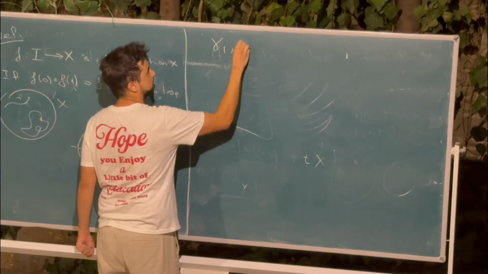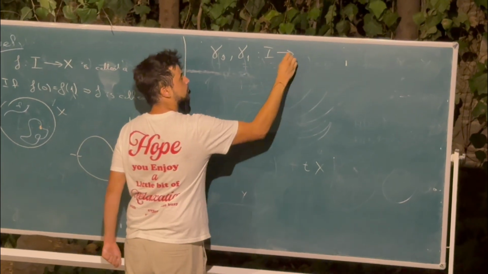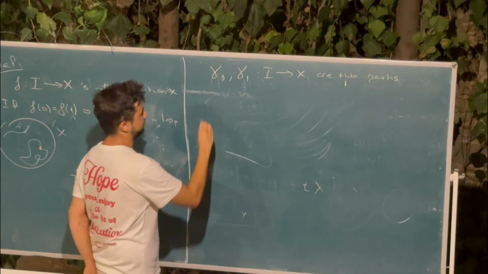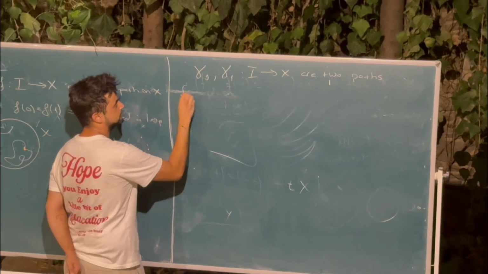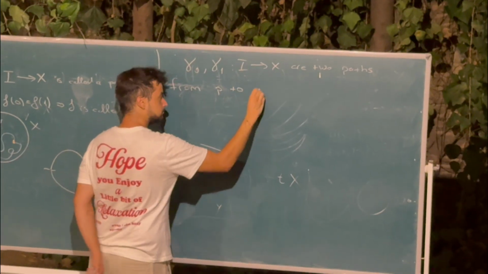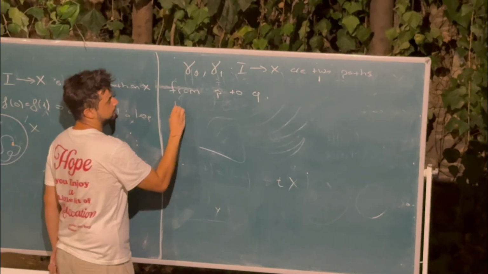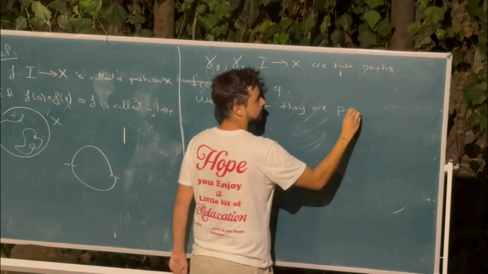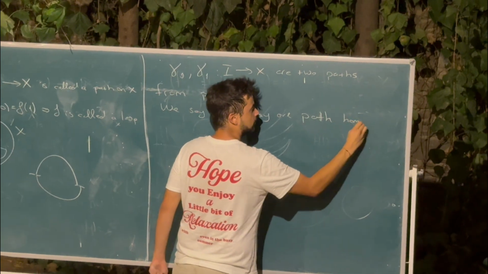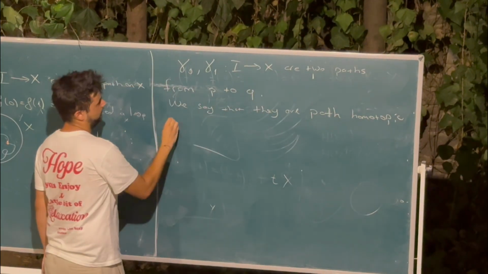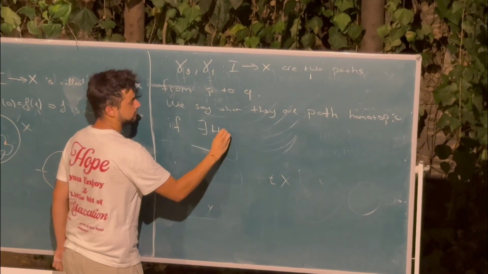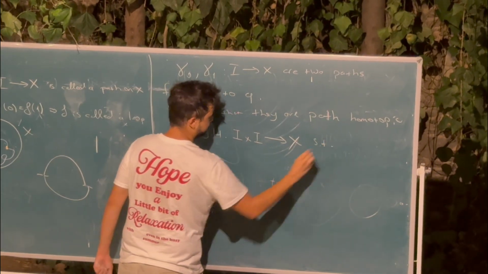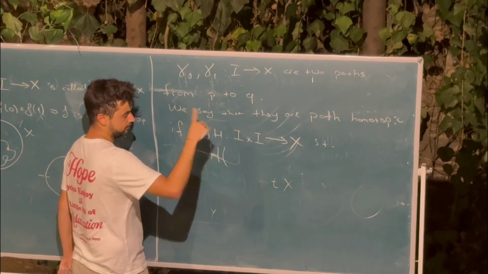Let's say gamma 0, gamma 1 from I to X are two paths such that their starting points and end points are the same, from P to Q. Then we say that they are path homotopic if there exists a homotopy from I times I to X such that the first argument is the argument of the path.